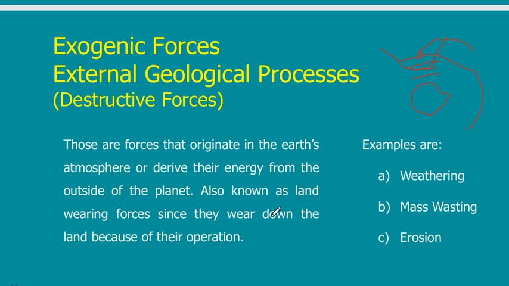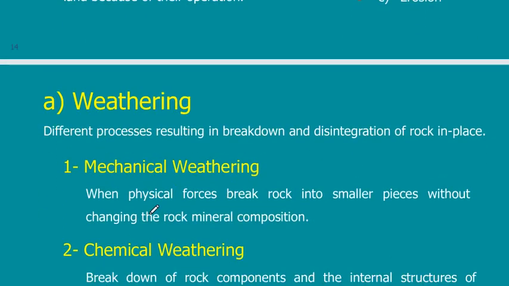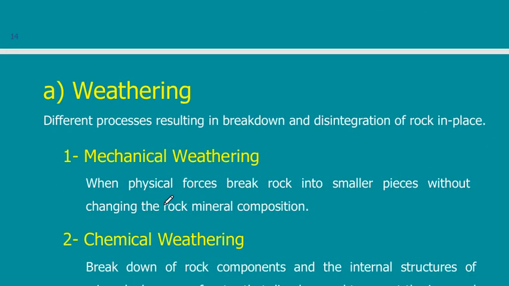These exogenic forces are subdivided into weathering, mass wasting, and erosion. What about weathering? Weathering in Arabic is تآكل, something weathered. I put something in the air, I leave it for one month, I come after that time, and I find that it has weathered, it has disintegrated. Why?